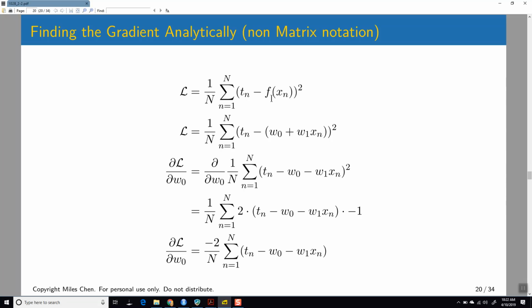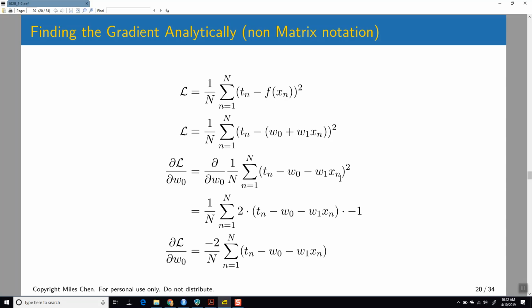So here our loss function is this. I can expand out the function itself, which is the linear function W0 plus W1 xn. Then we're going to take the partial derivative of this with respect to W0. If I distribute the negative sign, this is what it looks like.